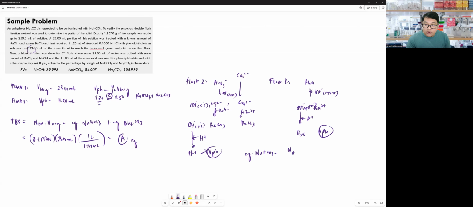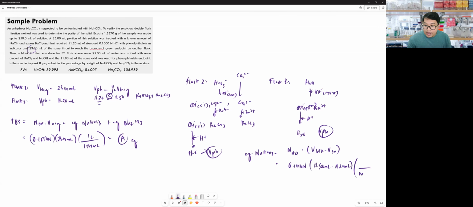So, it's just equal to N HCl multiplied by the volume of VPH of the blank minus the volume of the sample. So, this is 0.1 times the volume of the blank, 11.8, minus 11.2 ml.